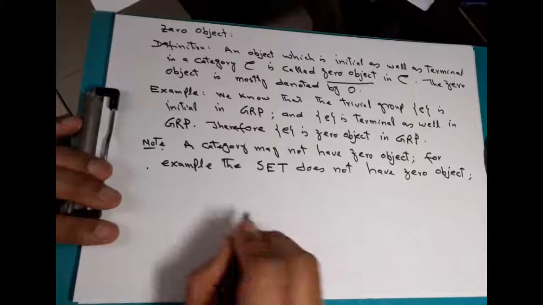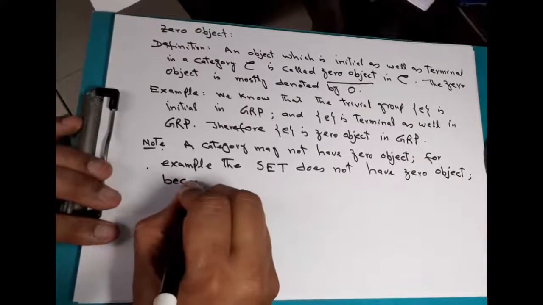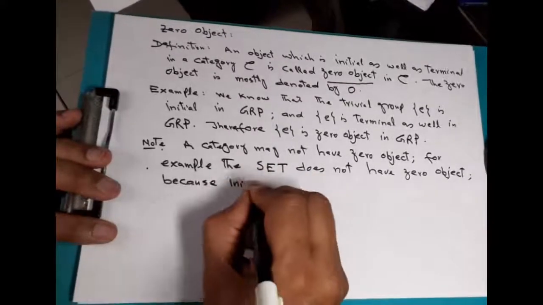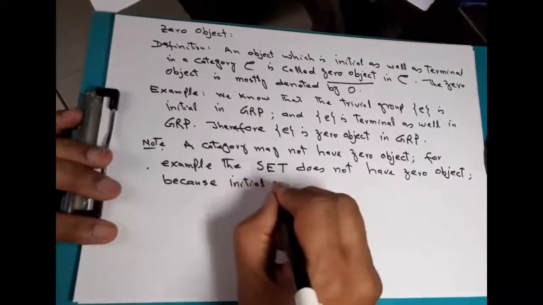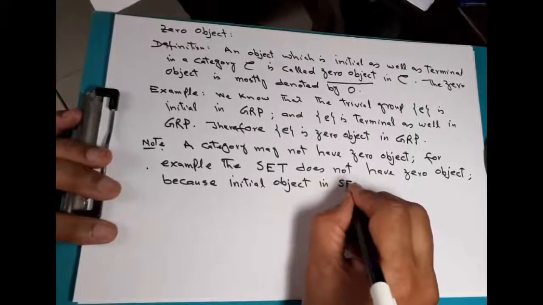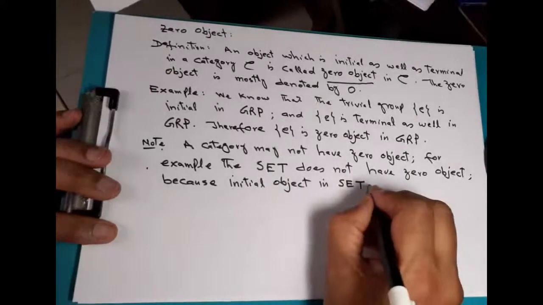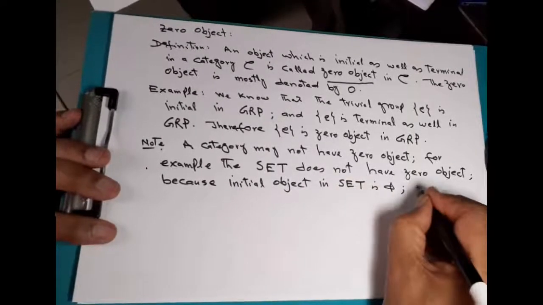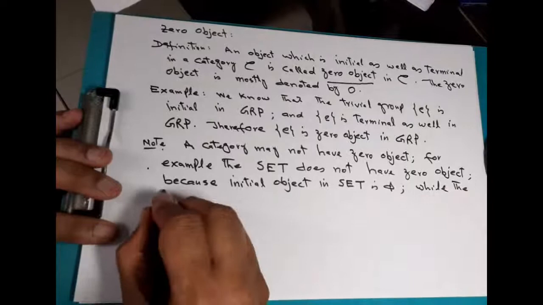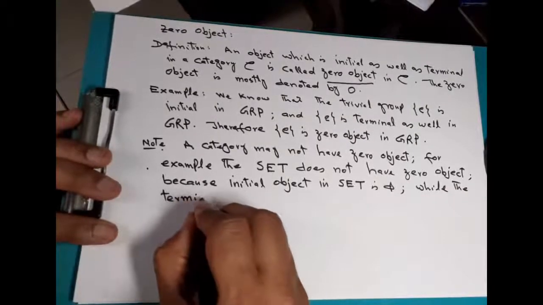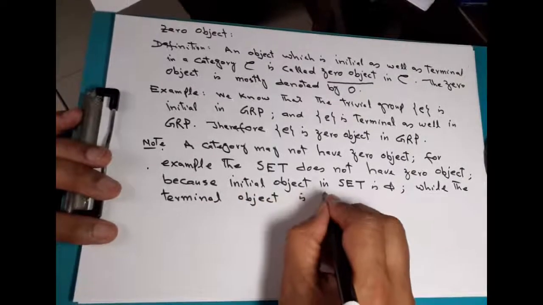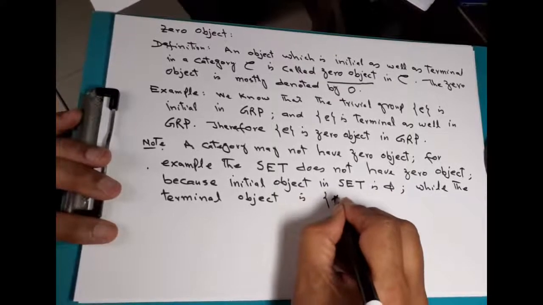And you know the reason why: the initial object in the category of sets and functions is the empty set phi, while the terminal object is the set containing only one element, a singleton.